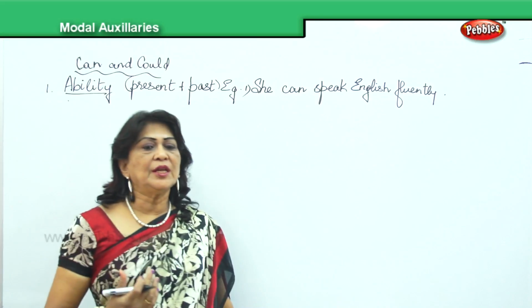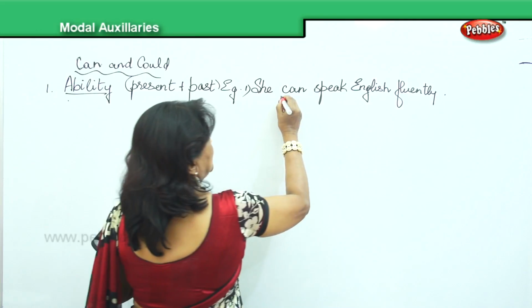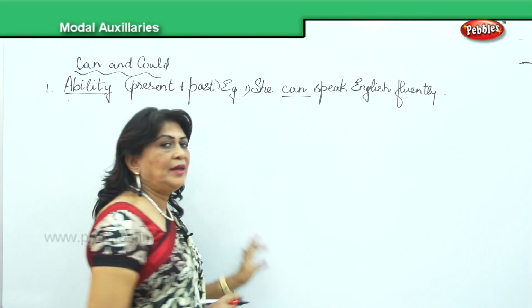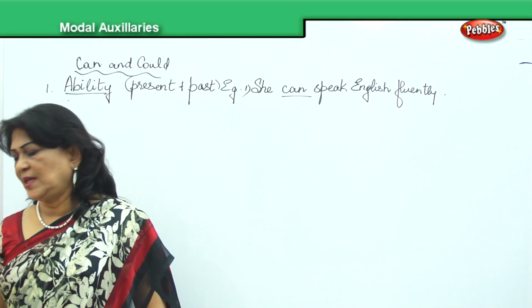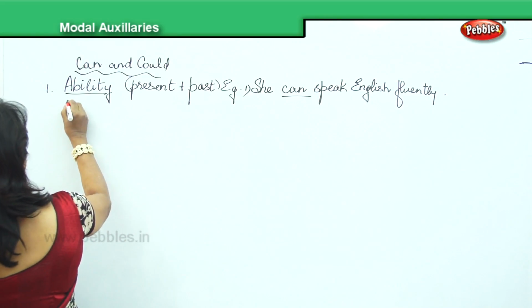What does it show? It shows ability. She can speak English fluently, shows ability. Okay? Let's see the next example.